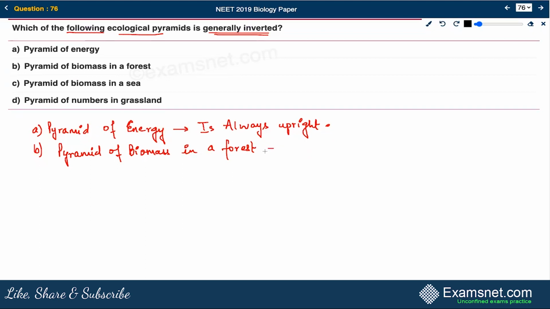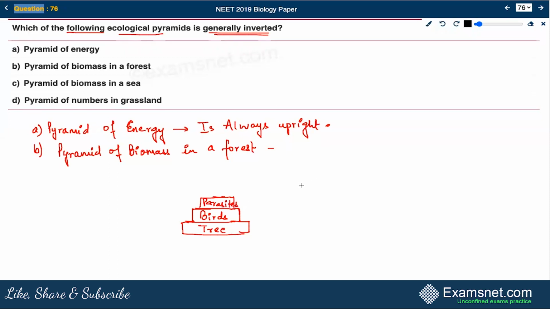Here, the base is formed by trees, a single tree which has a very huge mass. Then on the tree, various kinds of fruit eating birds reside, and on the birds are present the parasites.